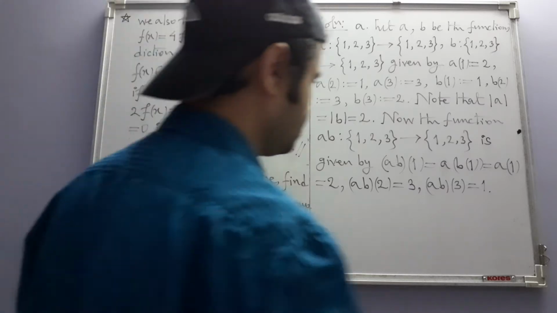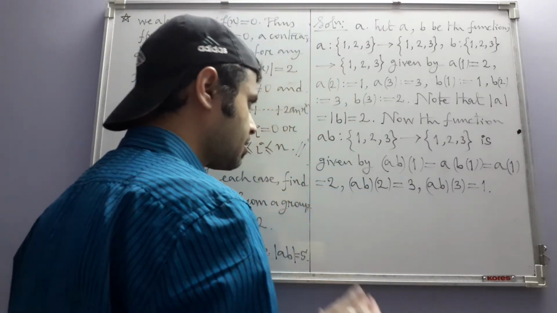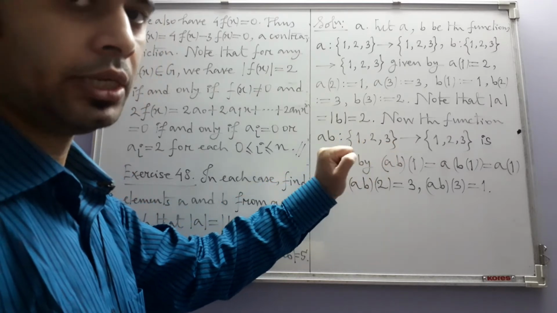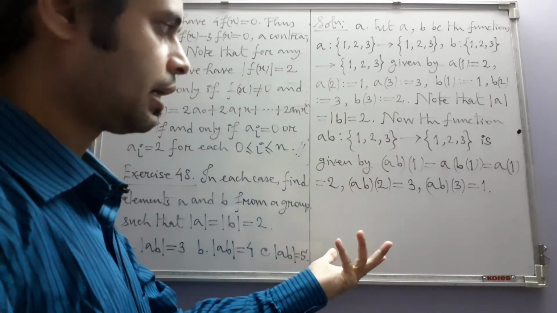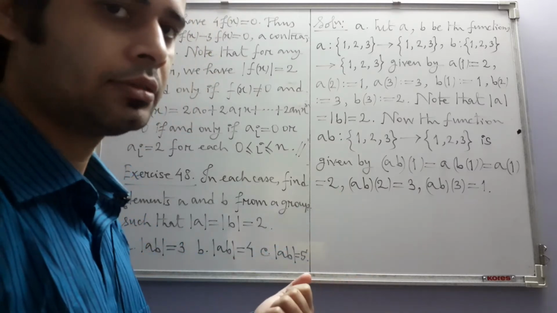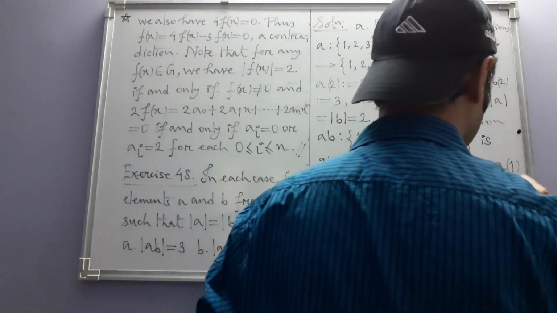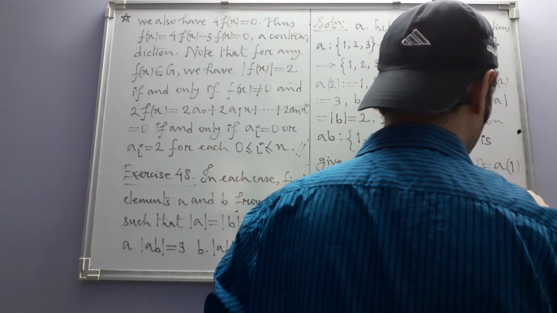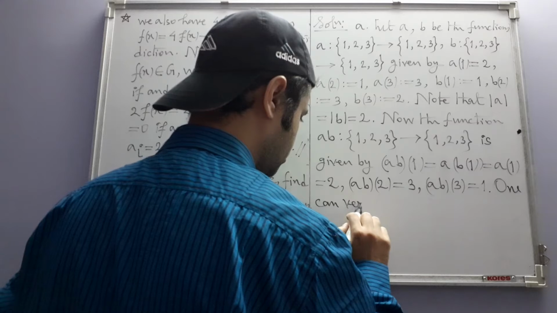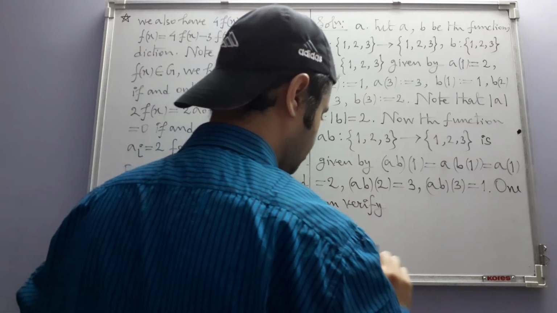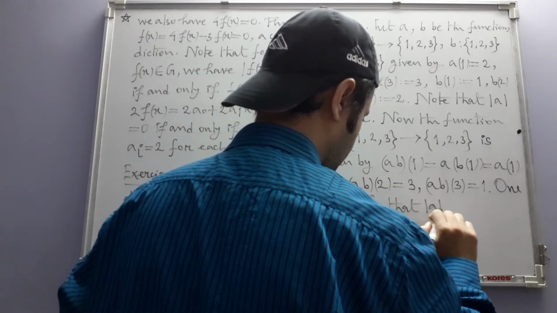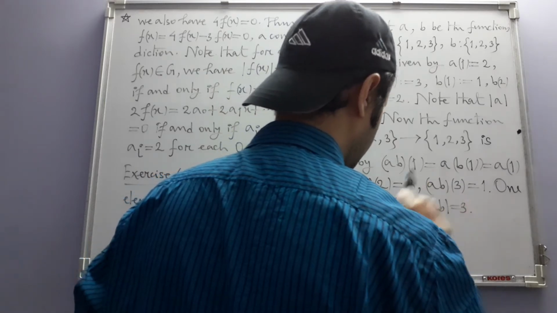Okay, and just like we verified that A and B have order 2 each, I urge you to verify that AB in fact has order 3. One can verify that order of AB is 3.